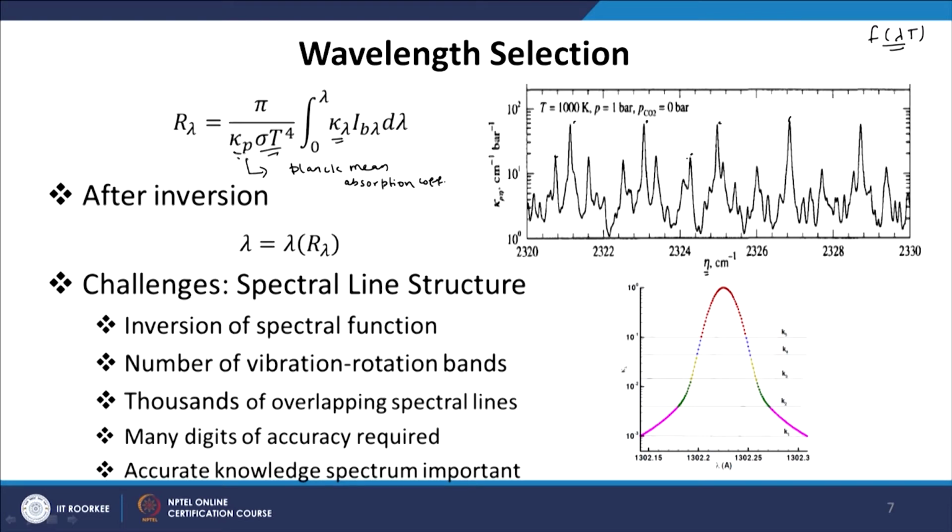If you want to follow a uniform distribution, that means all wavelengths equally likely, then you should have knowledge of this spectrum at a very fine resolution. You have to represent this spectrum using many million points if you want to invert this function. So, kappa lambda should be known as seen in this picture. You have to represent each single line with very fine resolution, and the dots that you see on this picture represent that fine resolution.